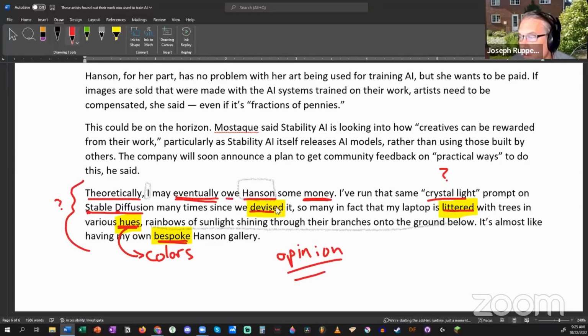This idea of owing money fits in with the whole business thing. But because we have this word here, theoretically, it's saying like, well, I can imagine that one day in the future, this thing may happen. But this is not a conclusion of like an answer conclusion. I mean, it is a conclusion, but it's not like an answer.